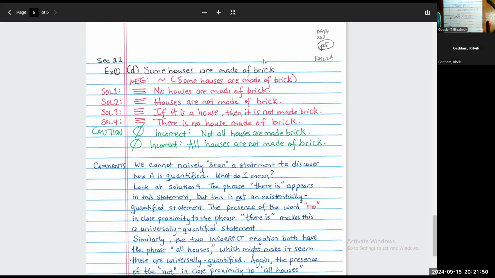If that's not true, then no houses are made of brick. Another way to say that is houses aren't made of brick. These are all universal. Or if it's a house, then it's not made of brick. Or there is no house made of brick. These are all implicitly universally quantified.